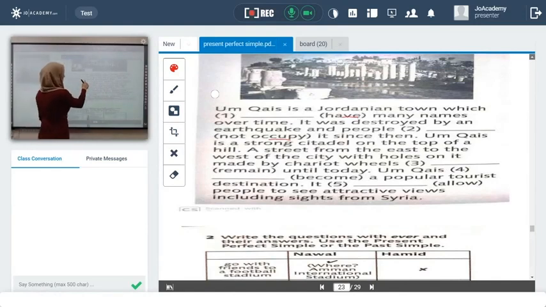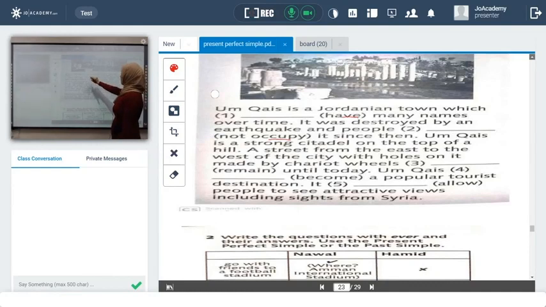Qais is a Jordanian town which have many names over time. It was destroyed by an earthquake and people not occupy it since then. Qais is a strong citadel on the top of a hill.